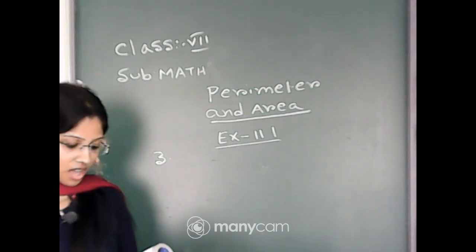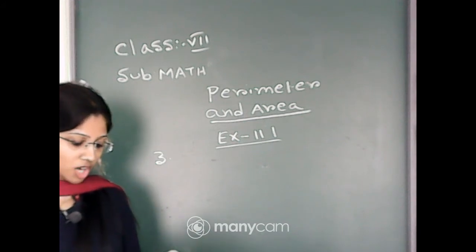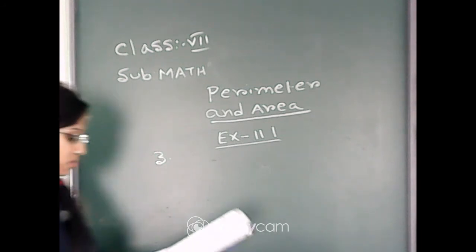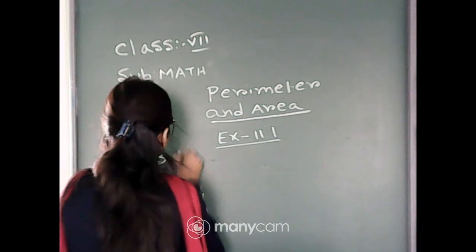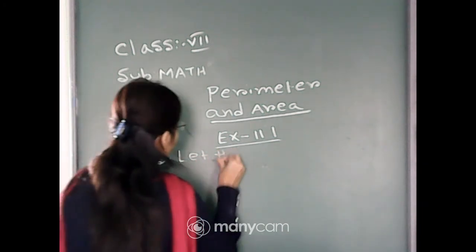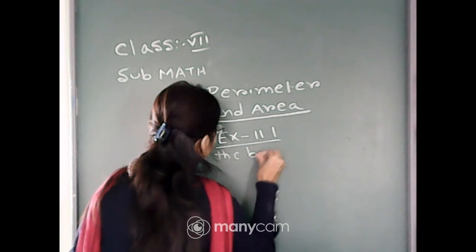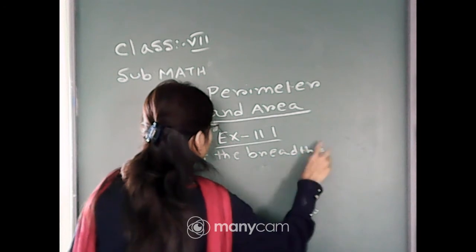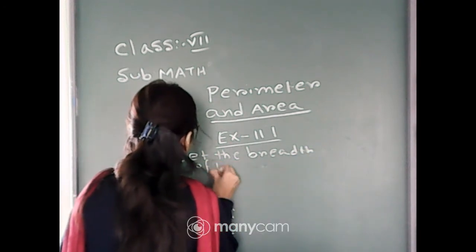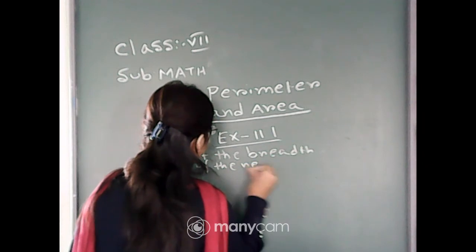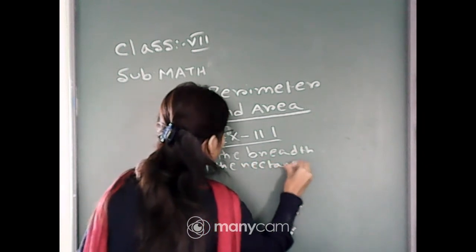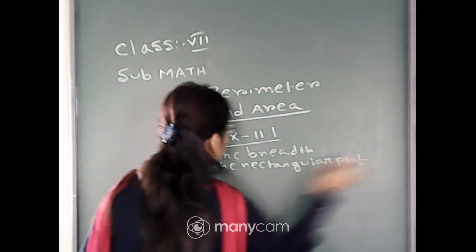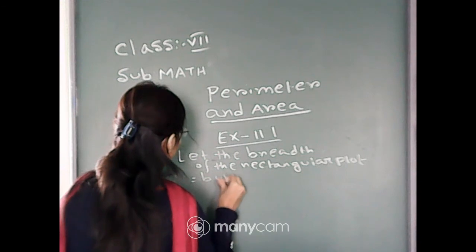Here the area and the length of the rectangular plot are given, we have to find the breadth and perimeter of the rectangular plot. Let the breadth of the rectangular plot be B unit.